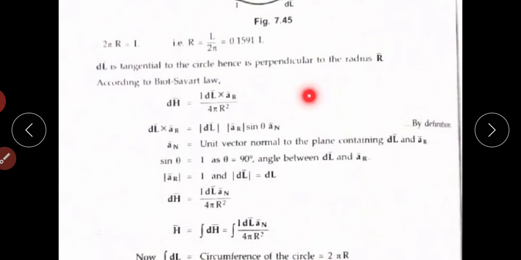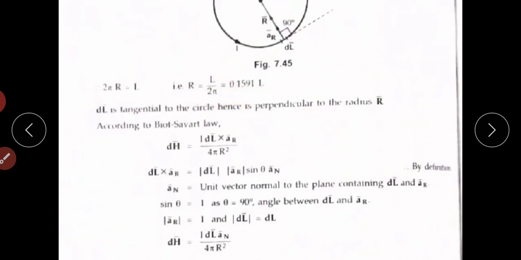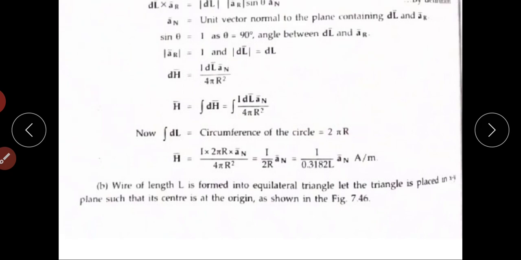With r equal to L by 2 pi or 0.1591 L, substituting the r value we finally get H bar equals I by 0.3182 L aN bar. The units are ampere turns per meter or amperes per meter.